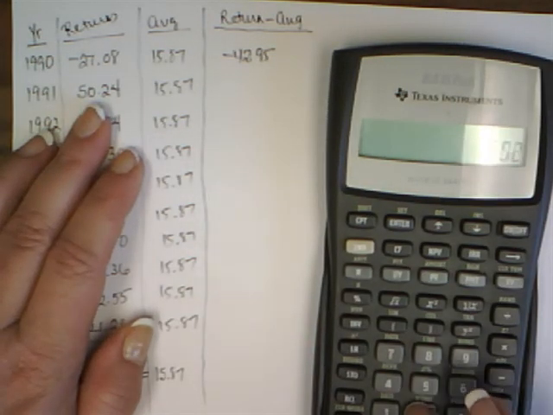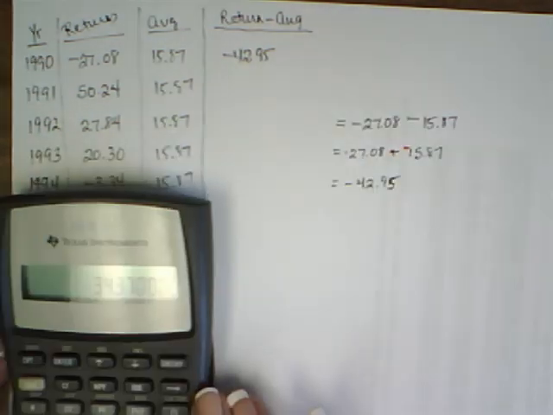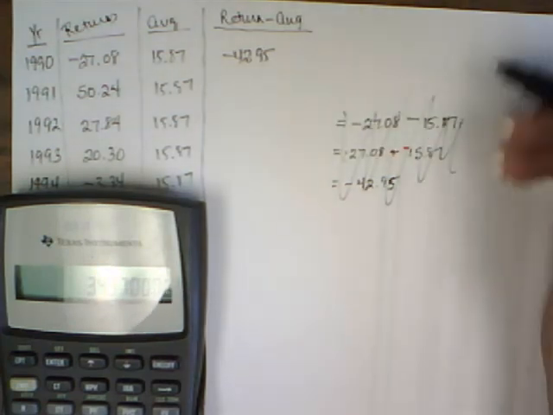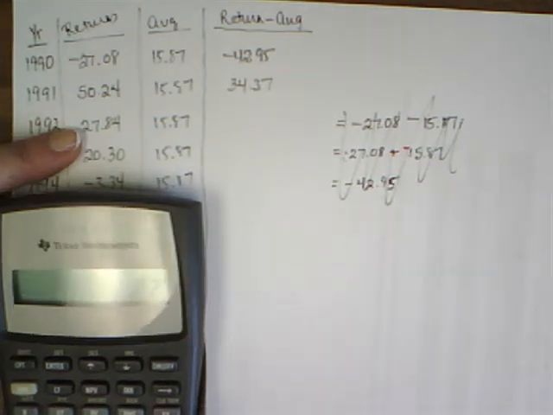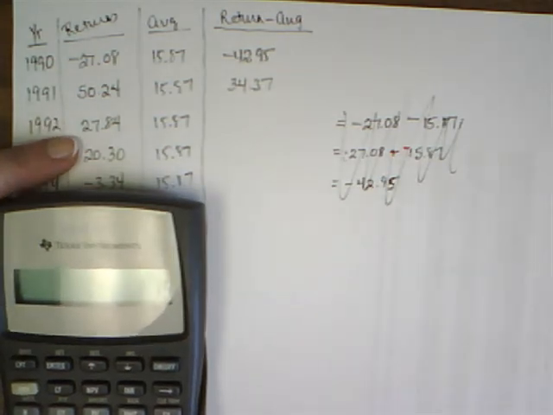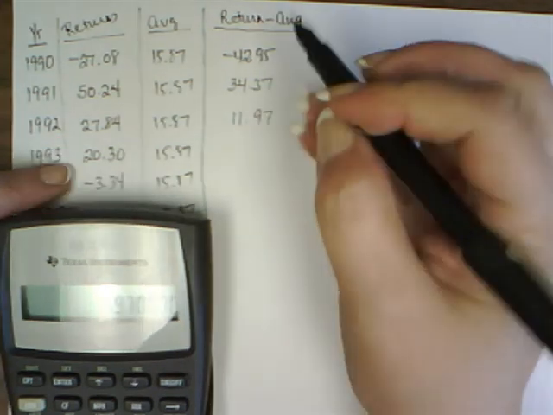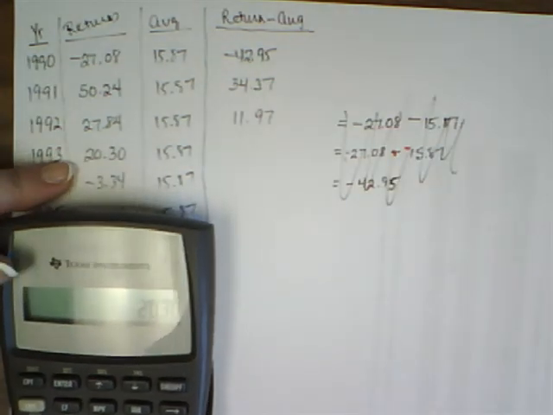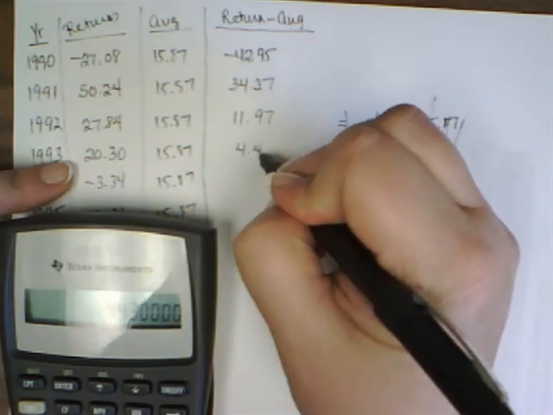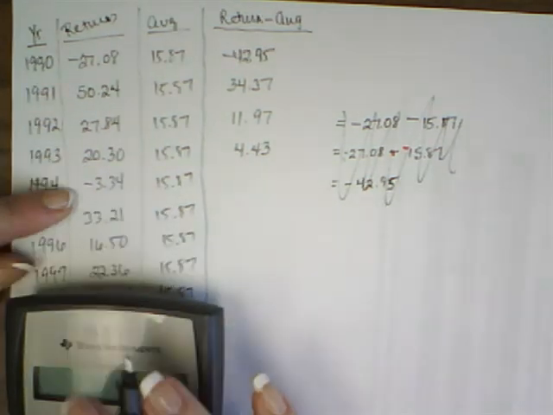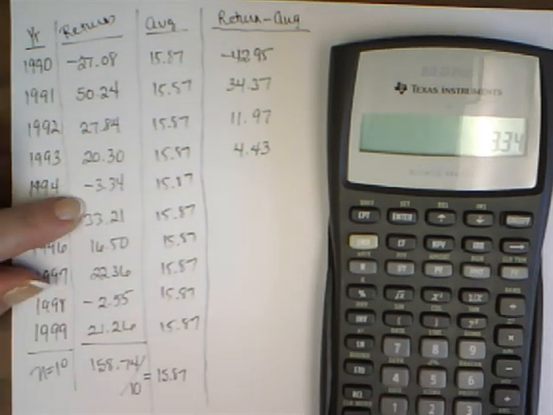Now we're going to take 50.24 and subtract 15.87 from it. That's going to give us 34.37, and we're going to go down each row and subtract our average return from our actual return. We have another negative here.